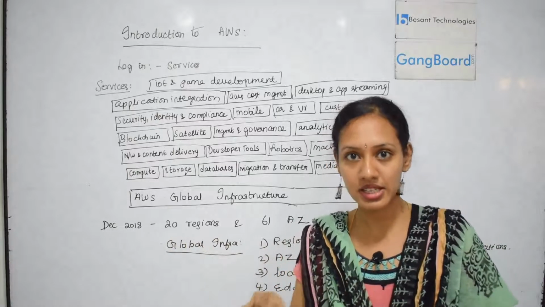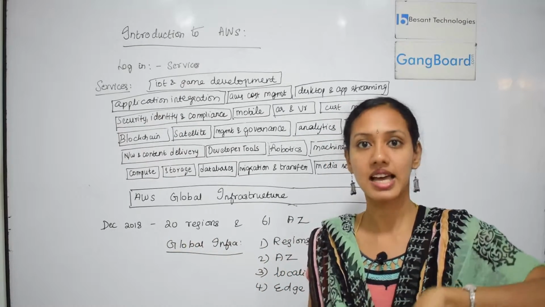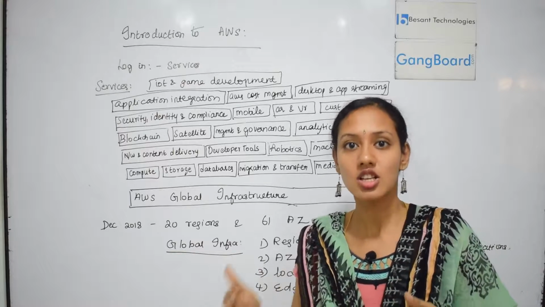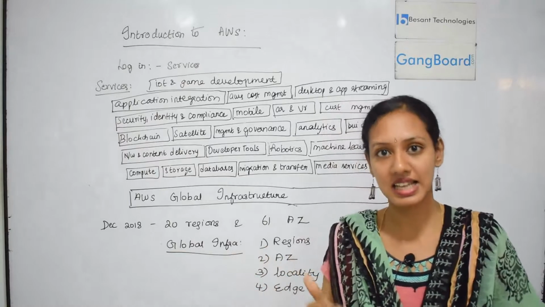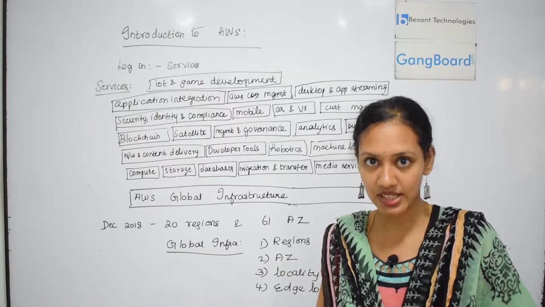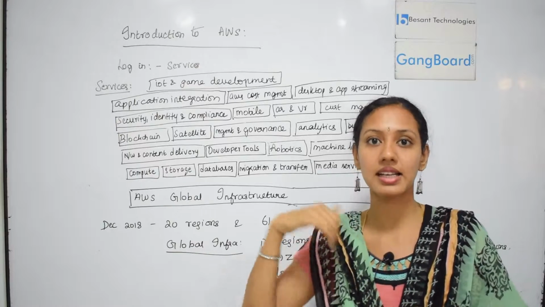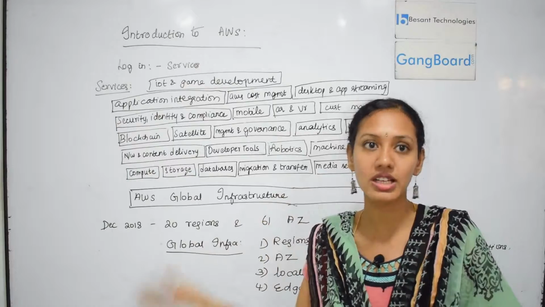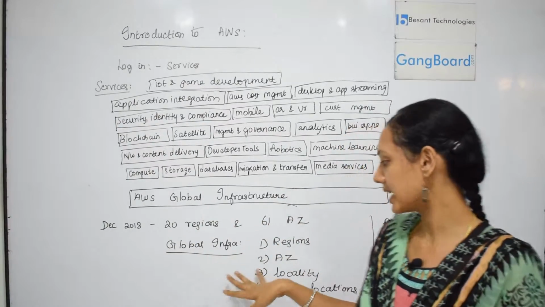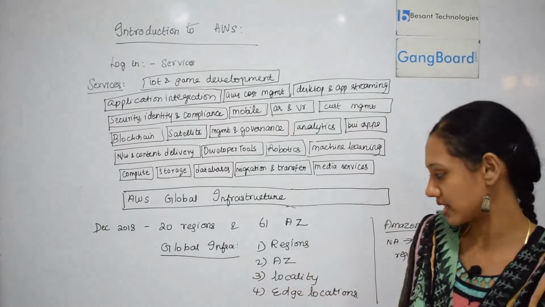These availability zones are independent of each other and are not connected with each other. What happens in case there is a natural calamity and one availability zone fails? If they were connected to each other, it would be a problem. So automatically the next availability zone will take up the resources. Then within the availability zone, we have something called locality, where AWS is put up.